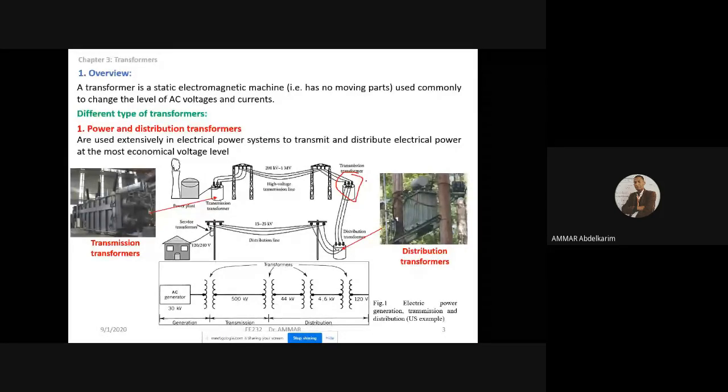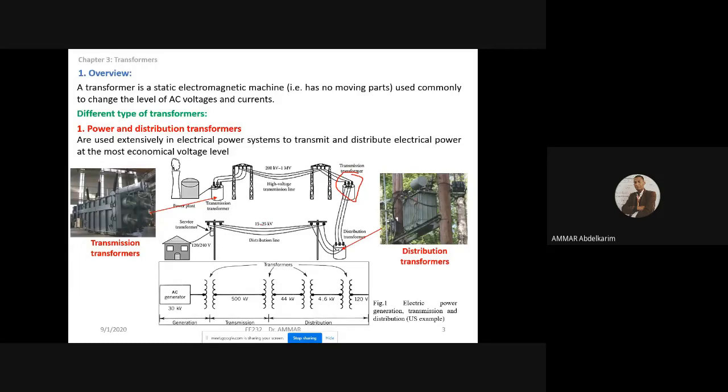After the transmission transformers, we have distribution transformers. Those reduce again the level of the voltage. You see in this example the level of the voltage here is between 200 kilovolts and 1 megavolt, and here it is between 15 and 25 kilovolts. This is the example. Of course, it's not for our countries.